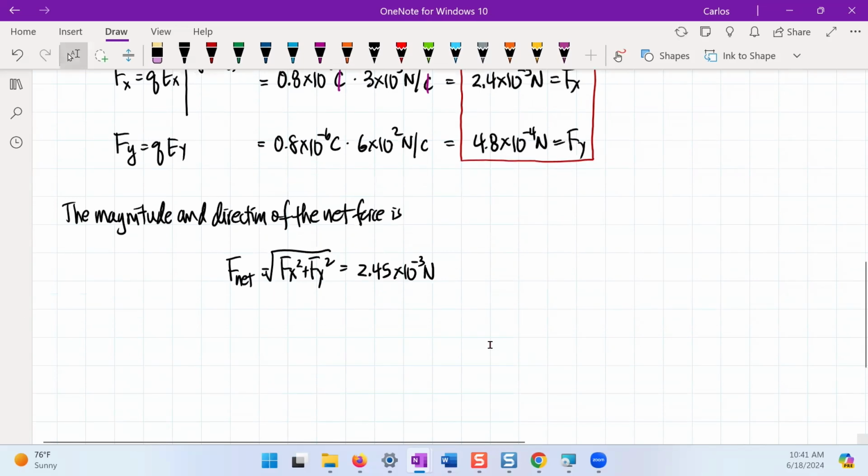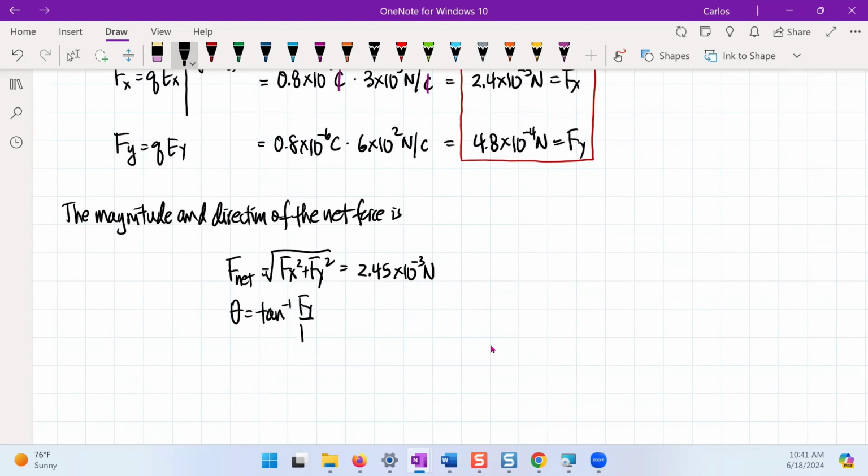And if I calculate the direction, I'm going to get the tan inverse of Fy over Fx, and that should give me a value of 11.3 degrees. So now that I have that, I've now determined the net force.